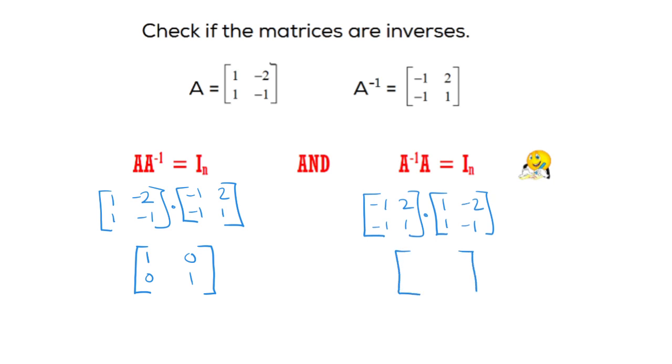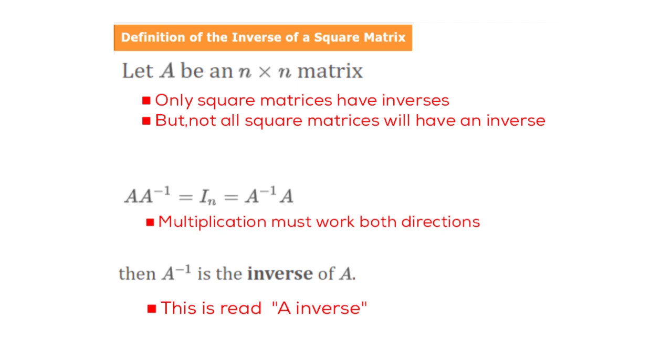Pause the video for just a second and go do your multiplication, then come back when you're done. All right, hopefully you got the identity matrix because it did work. If you didn't, check your signs, make sure you didn't make any silly mistakes. So we can check if they're inverses if you multiply them and you get the identity both ways.